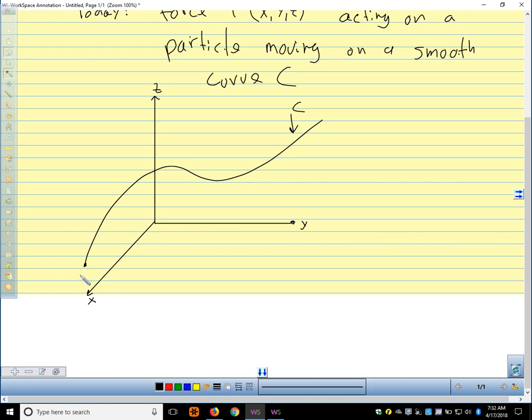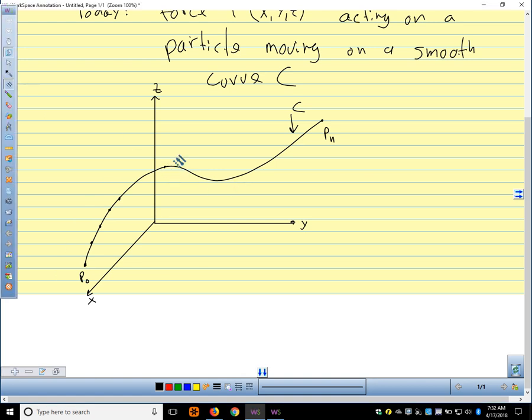I'm going to call this our initial point, P0. This is our nth point, P sub n. And we're going to divide the curve into little intervals.